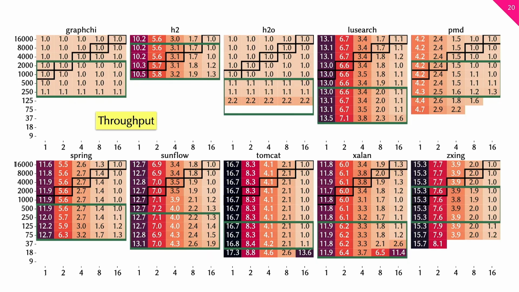That's because H2 has a 681 megabyte minimum heap size. If you go down to smaller worker thread counts, so we're running the benchmark on a smaller number of cores, then we might see some overlap, but mostly the green space and the black space isn't overlapping at all.